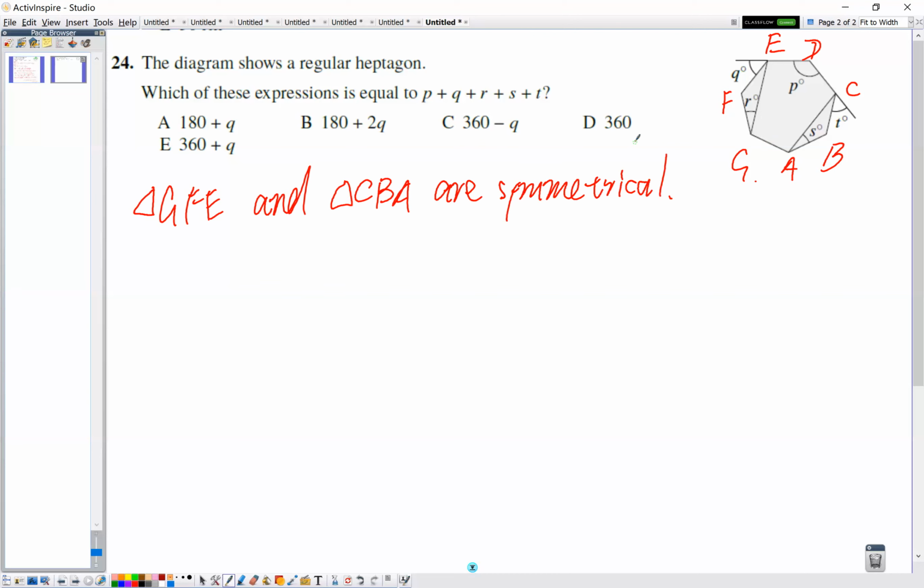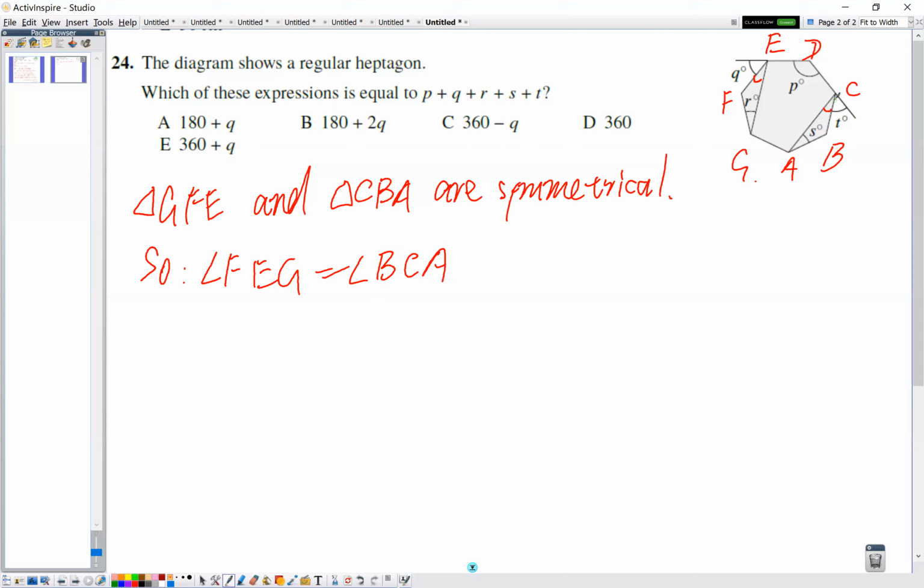So for these 2 triangles, FEG, this angle is equal to BCA.